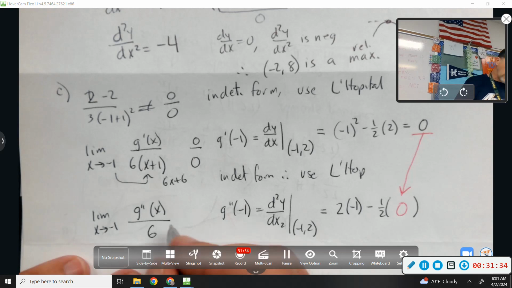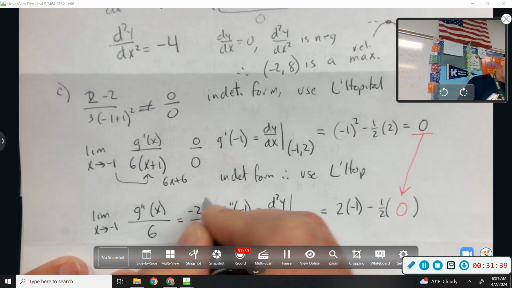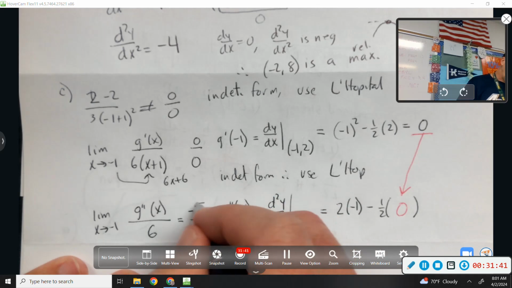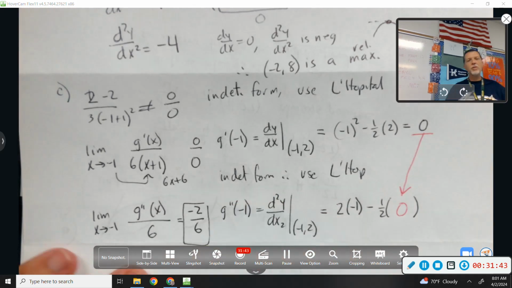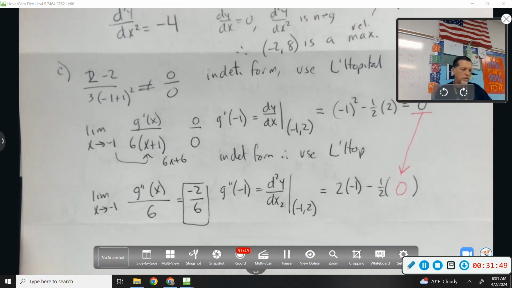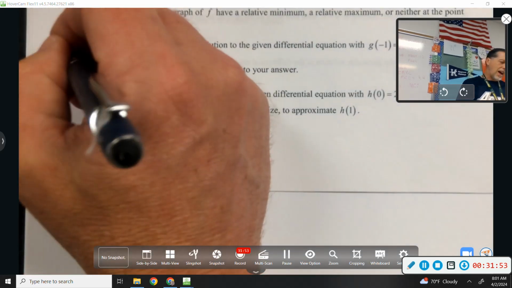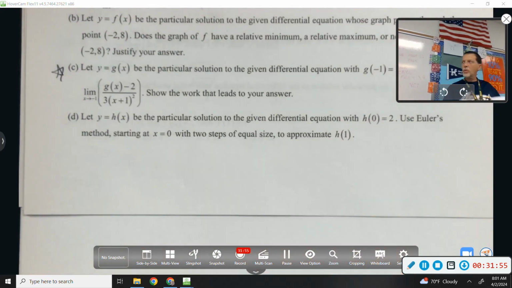So the second derivative is negative 2. So negative 2 over 6, that's my answer. Yeah, it's negative 1/3. Goodness, that was a tricky one. L'Hopital's twice, plus recognizing what was going on there.